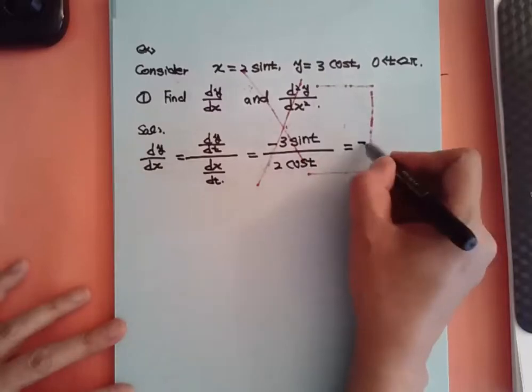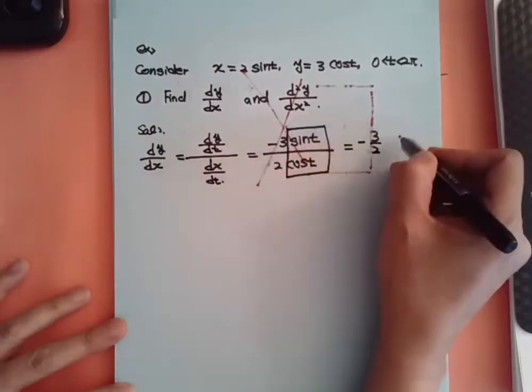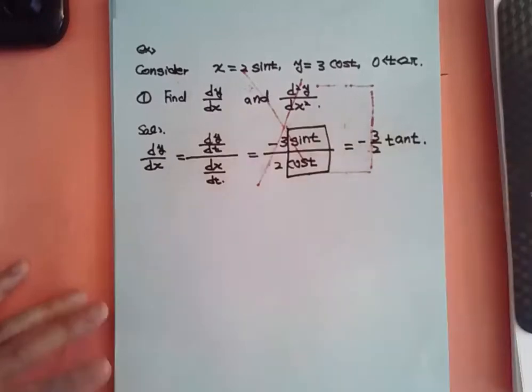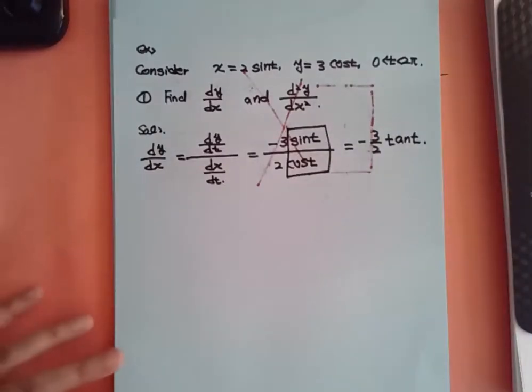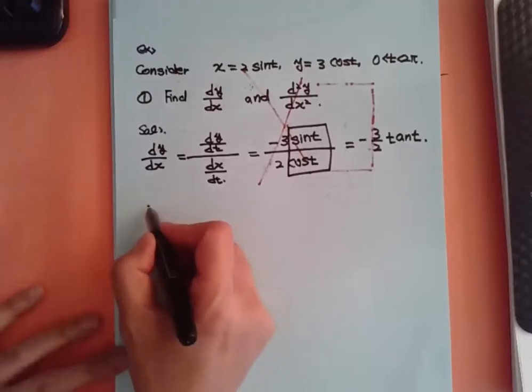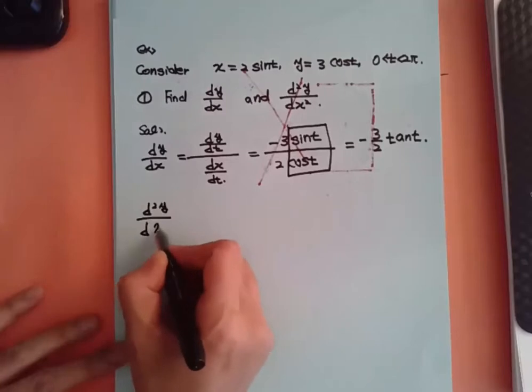So it becomes minus 3 over 2 sine over cosine, which is tangent of t, right? And then we differentiate that one more time.